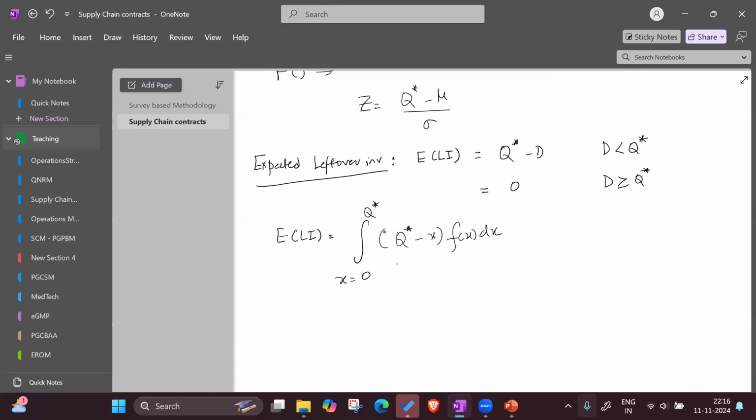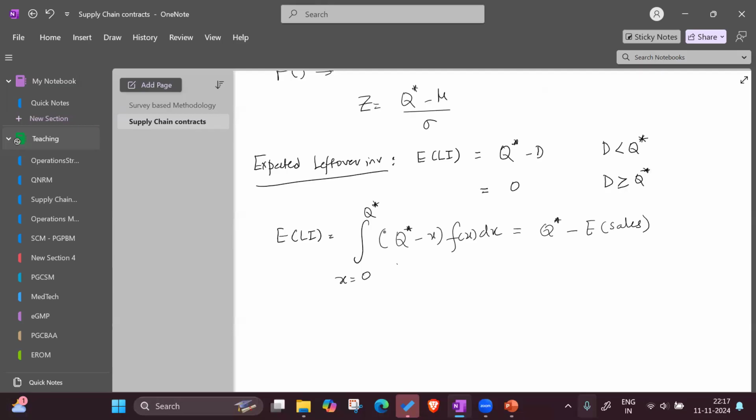Use the same logic that we used earlier. Now, if you expand this, the integral from 0 to Q star of x f of x dx, and Q star, you will get this as Q star minus expected sales. Expected sales is basically whatever you are selling up to Q star, so that is what expected sales are.